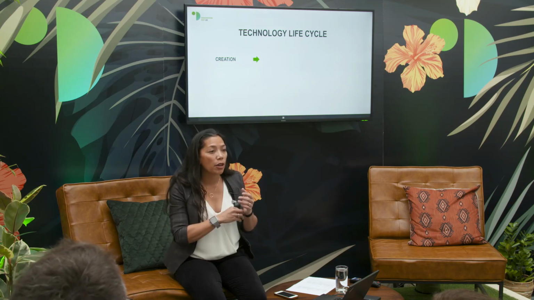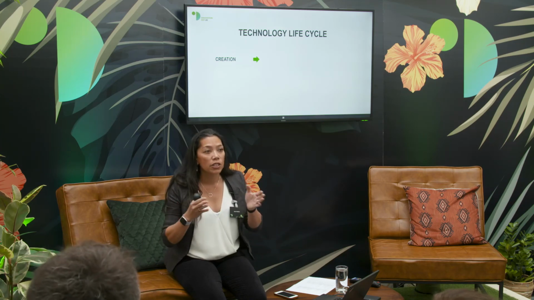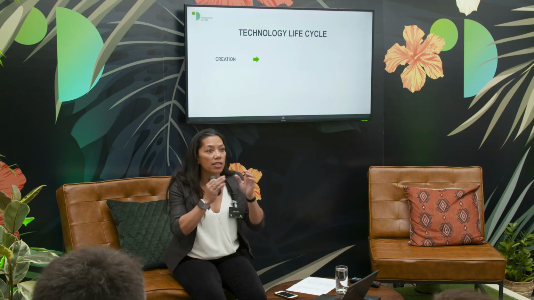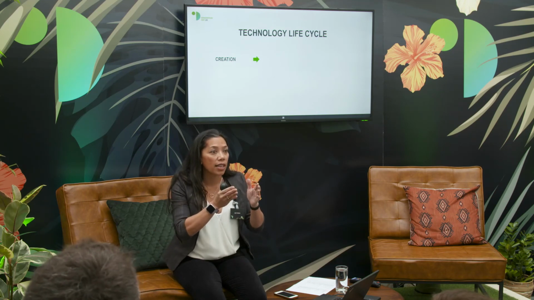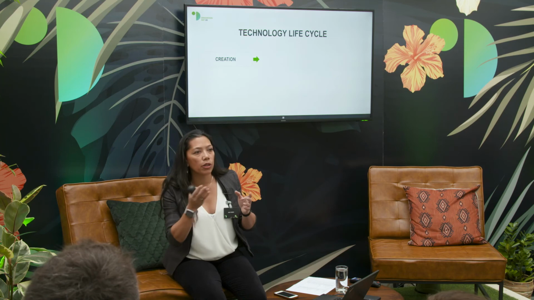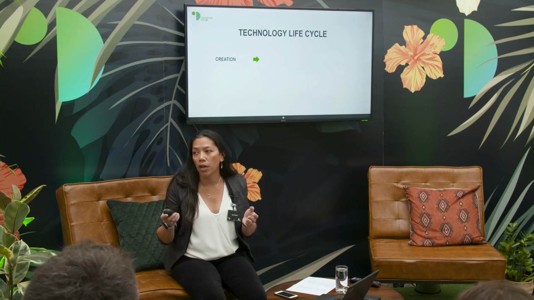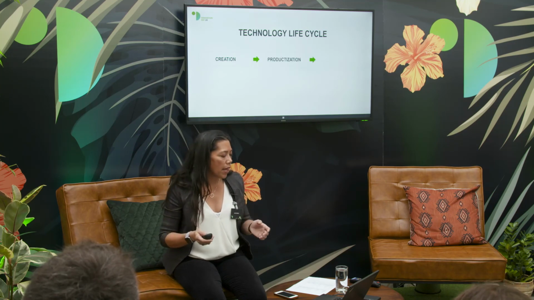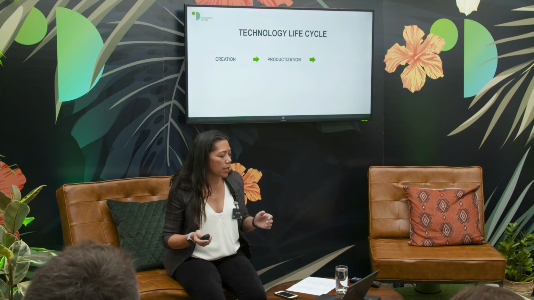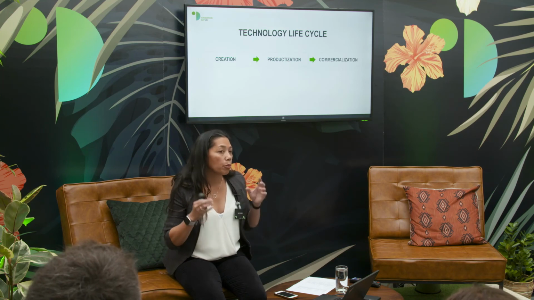When we talk about technologies that are starting to be ready for commercialization, this is the start of taking those technologies and pulling them through this productization cycle so that we can actually bring them into full production. And then the last piece is commercialization.